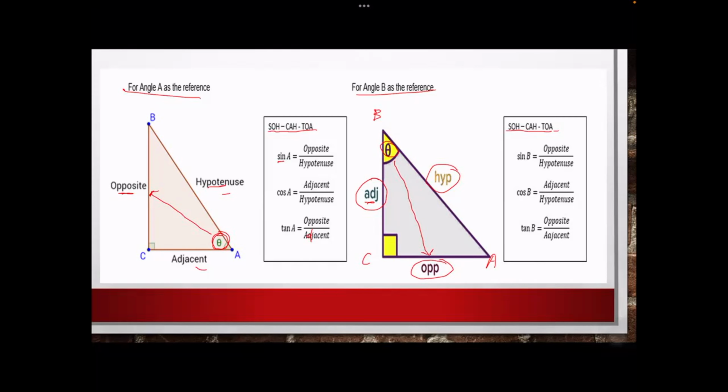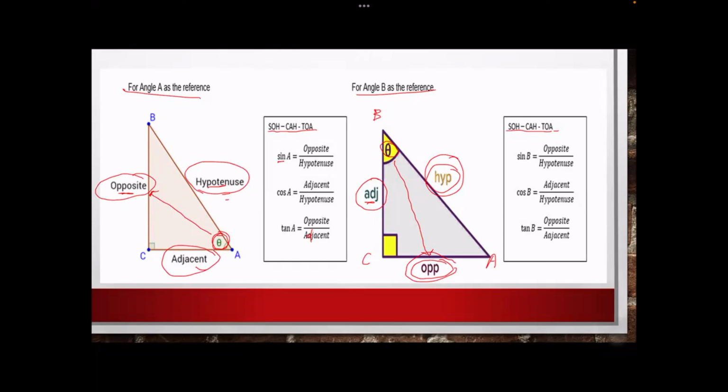Dito sa isa, kung reference angle mo, yung opposite mo is yung nandito sa side over the hypotenuse for the sine. For the cosine is adjacent over the hypotenuse. Dito sa kabila, yung opposite niya is nandun na sa baba. So yan po yung ating difference for reference angle A and for reference angle B.